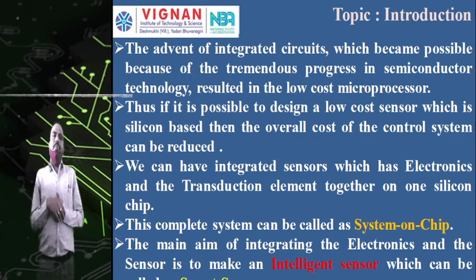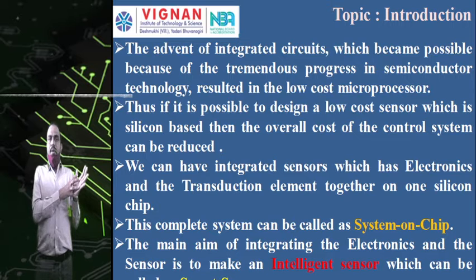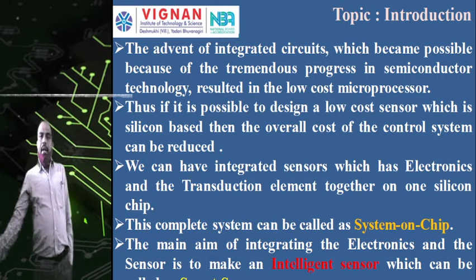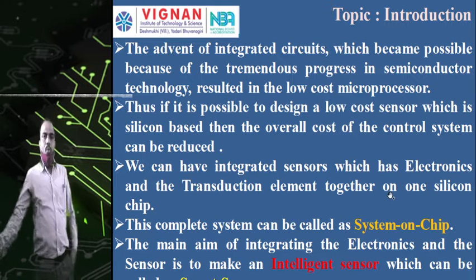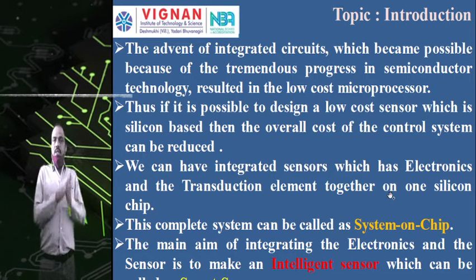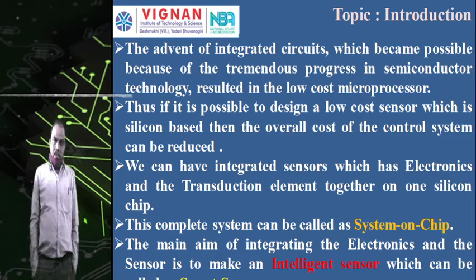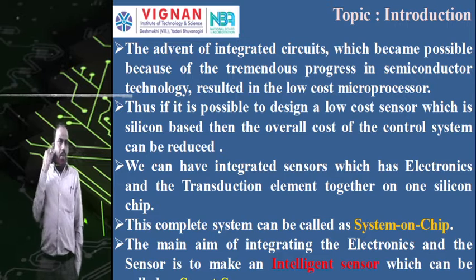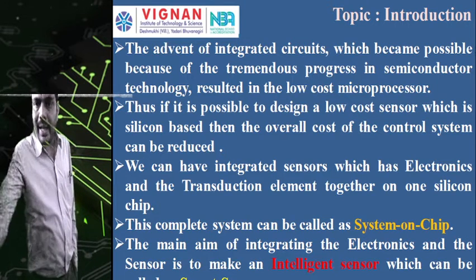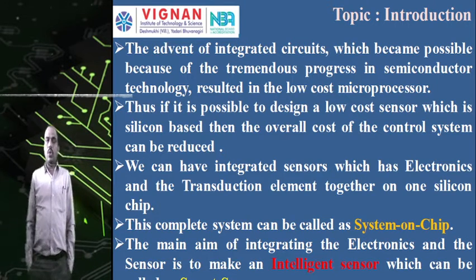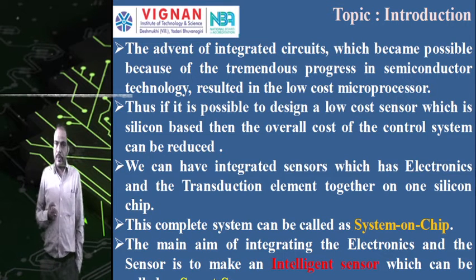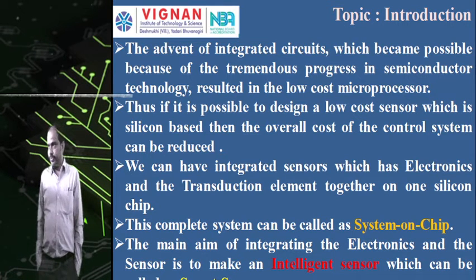In a similar way, we'll see what a smart sensor is. As of now, I have discussed that if you can have integrated sensors which have electronics as well as the transducer element together on one silicon chip, this complete system can be called a system on chip, or SOC. The main aim of integrating the electronics and the sensors is to make an intelligent sensor, which can also be called a smart sensor.